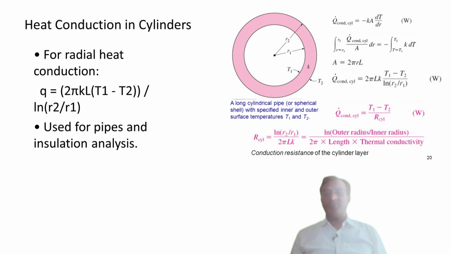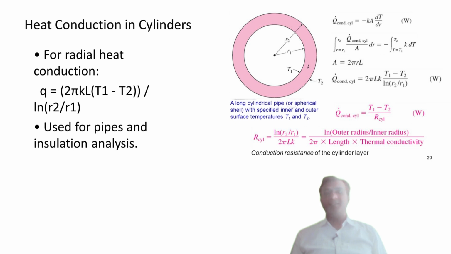This formula is crucial for analyzing heat loss in pipes carrying hot fluids or designing insulation for pipelines. For example, in a steam pipe, thick insulation with low conductivity increases resistance and reduces the heat loss.